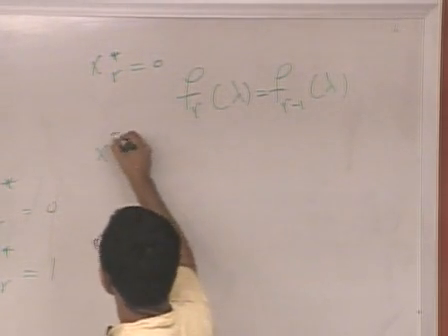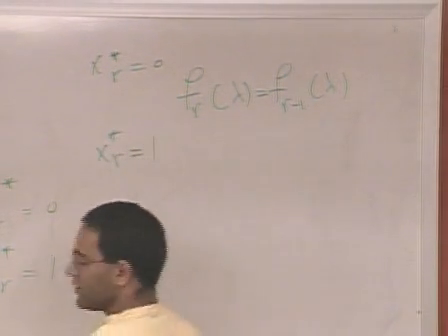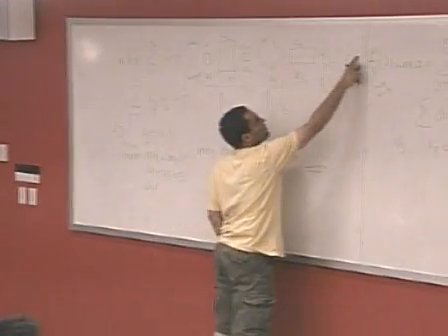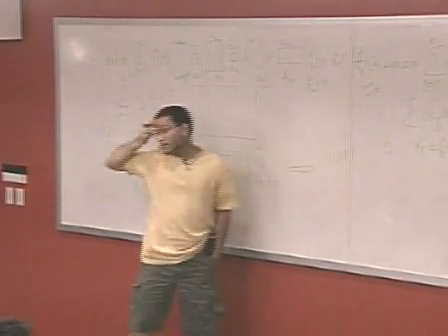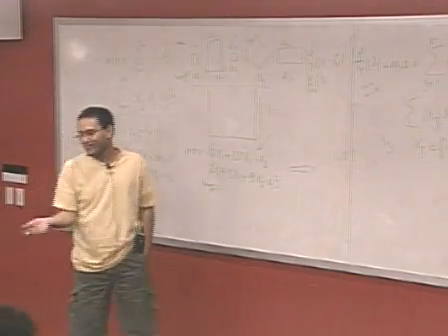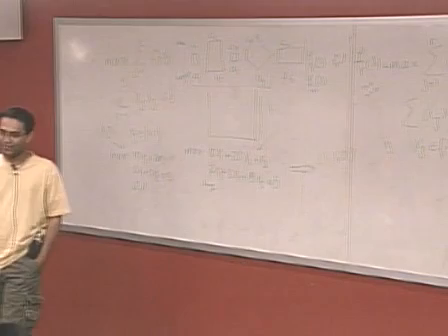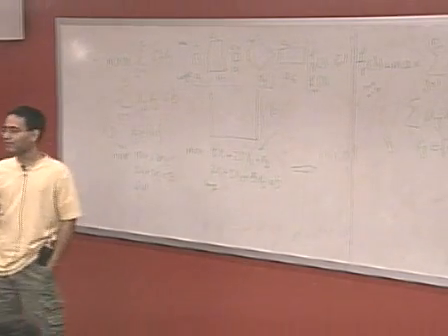Now, if x star of r equals 1, it means that I'm putting that object there. Can anybody guess what would be the relation between these two values now? Okay, greater. Yeah, one of them would be greater than the other one. That's correct. But we can find an equality relation like what we found there. Yes?